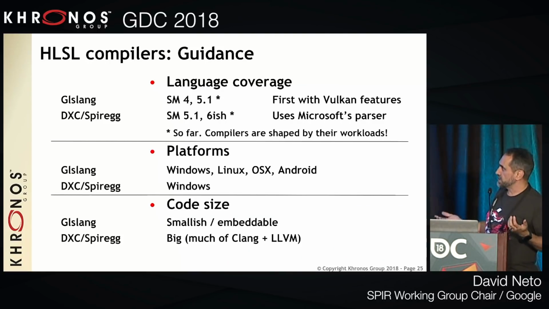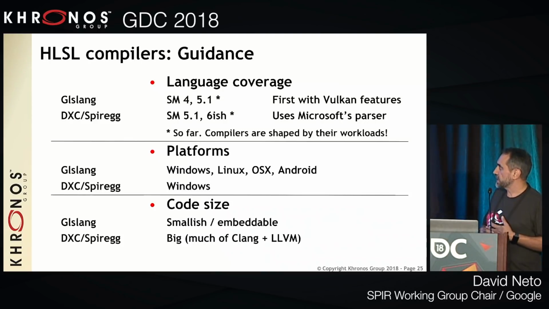Historically, the GLSlang part of the HLSL code generation has primarily worked on Shader Model 4 and 5.1 historic environment code, and that's where it shines. The DXC SPIR-V one has been exercised on a different set of shaders, in the 5.1 and 6-ish zone. That can evolve over time, and it all depends on what workloads are thrown at these compilers and what contributions are made to these open source projects.